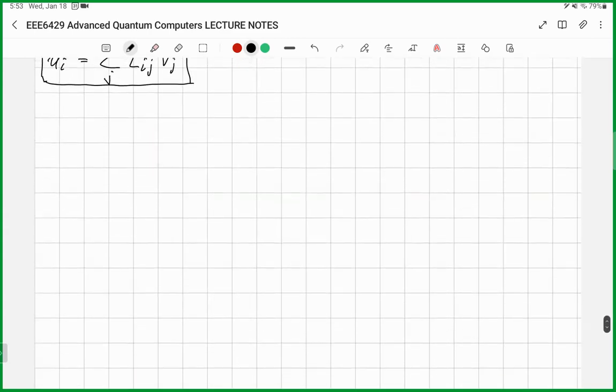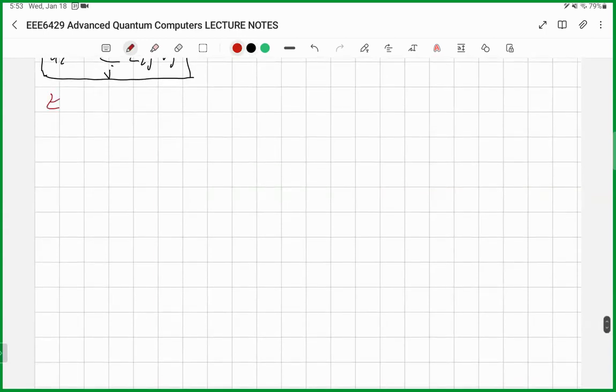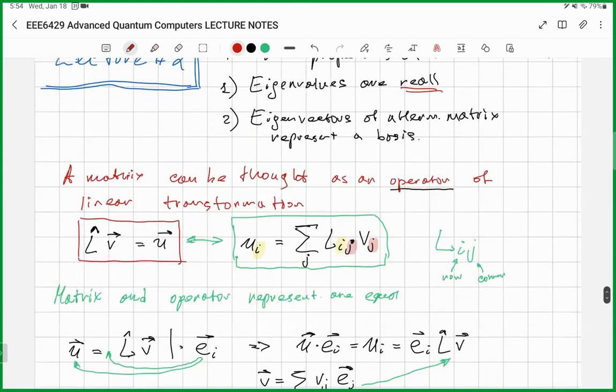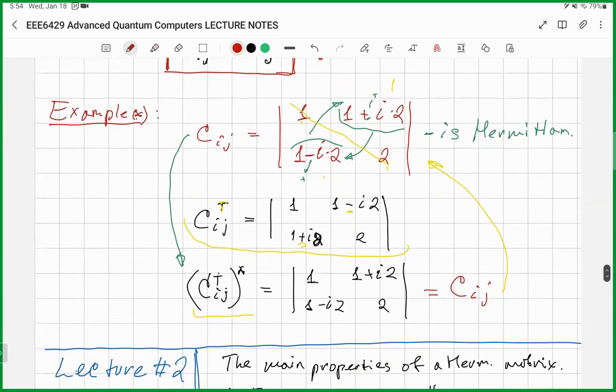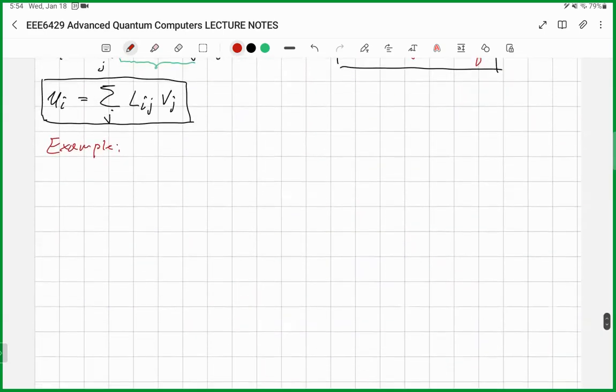Very good. So now let's consider an example. Let's take the matrix from the previous example. This example we discussed last time, this matrix C sub ij presented here. So let's take the same matrix.